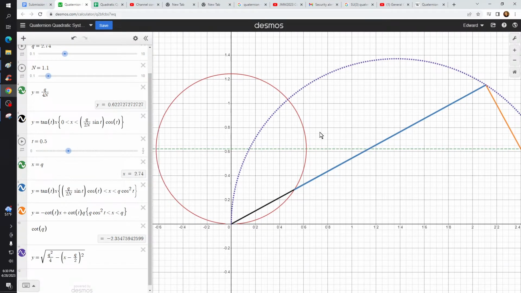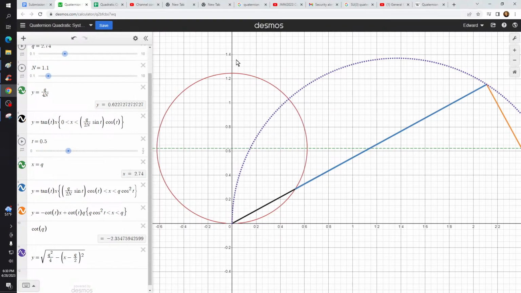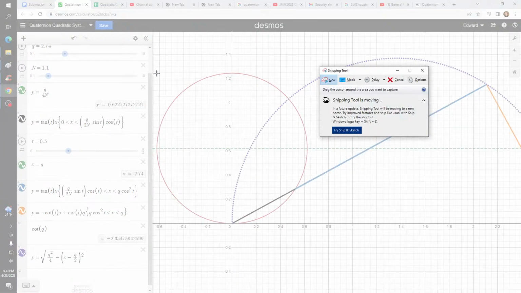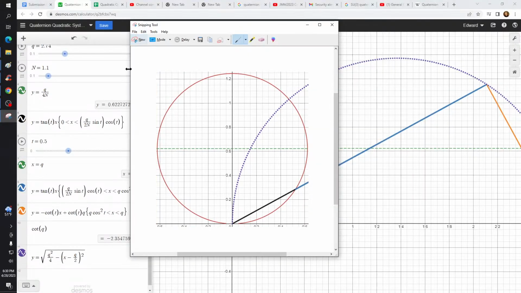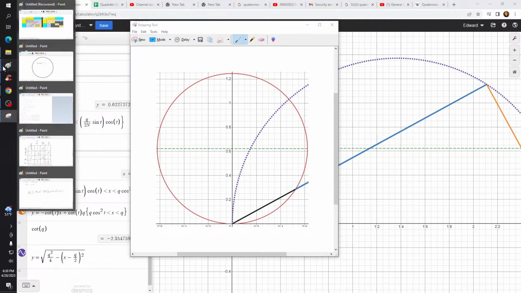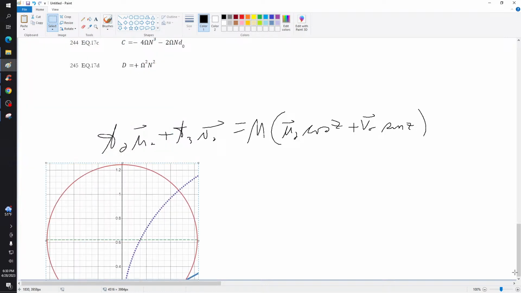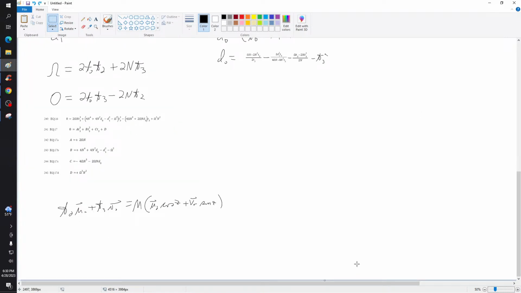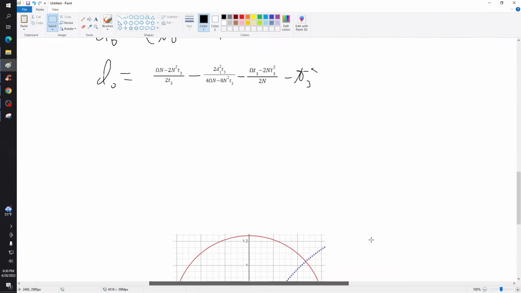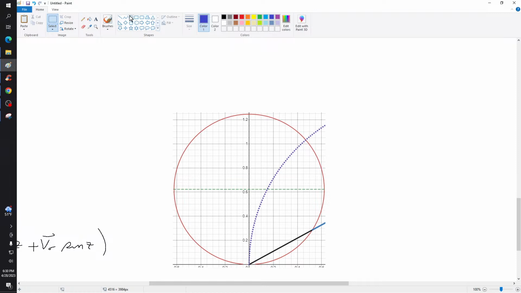Then what's happening is we can actually determine the magnitude of that vector, even though it's technically still unknown, but we can define it as unknown at the moment. We can use the law of cosines to get that magnitude.